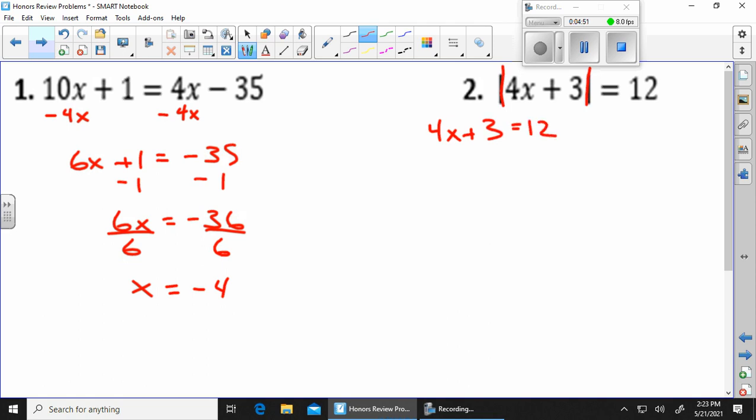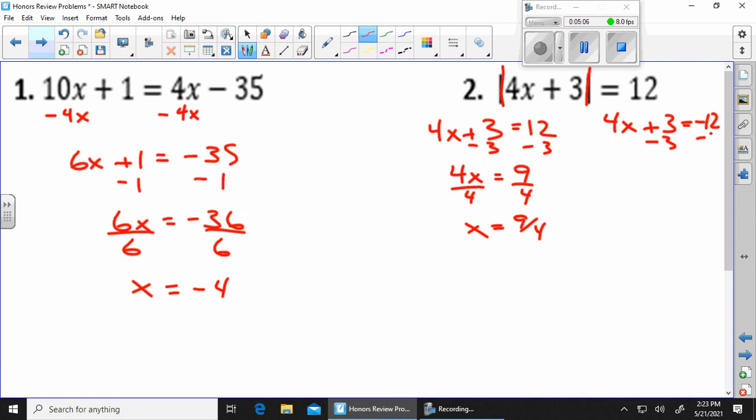Then I set up 2 equations: 4x plus 3 equals 12, and 4x plus 3 equals negative 12. I solve it. So that gave me my 9 over 4. Here, I solve it. That gives me my negative 15 over 4.